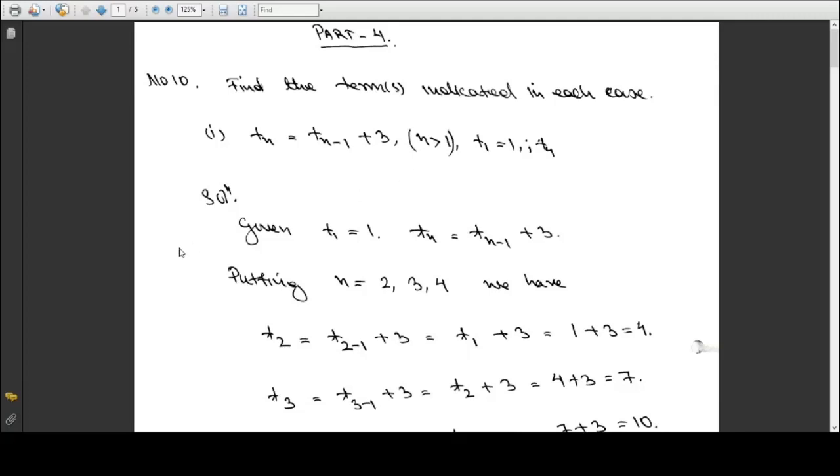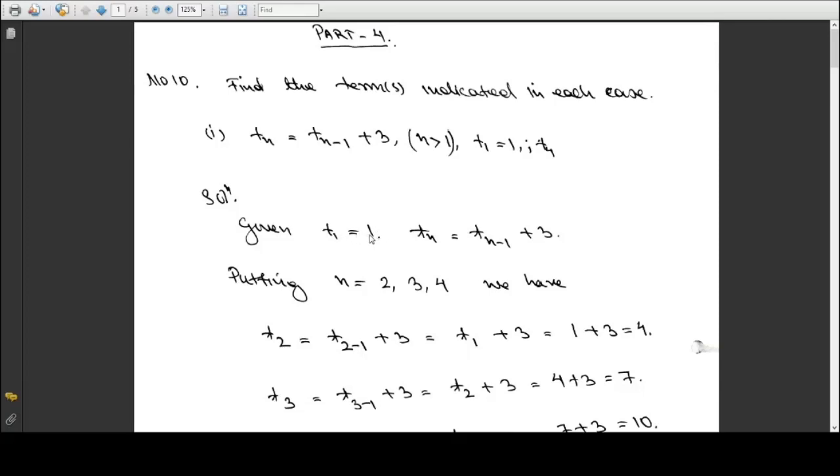Now the solution for this. It is given that the first term is 1. Whether we denote the first term by A1 or T1 or S1 or whatever we may denote it, usually it is the first term only.